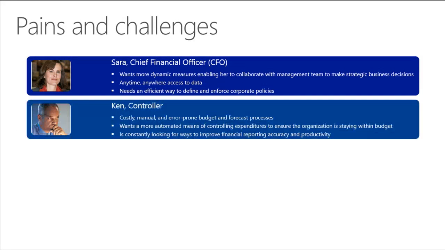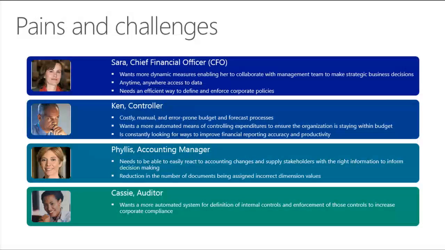So just to highlight some of the pains and challenges that hopefully our demos will cover to alleviate. We give our personas names in the organization, so that helps us identify with those individuals as we're working on features. So we have Sarah, who's our Chief Financial Officer. Some of the pains that she faces is wanting additional business insights, always looking for more information.